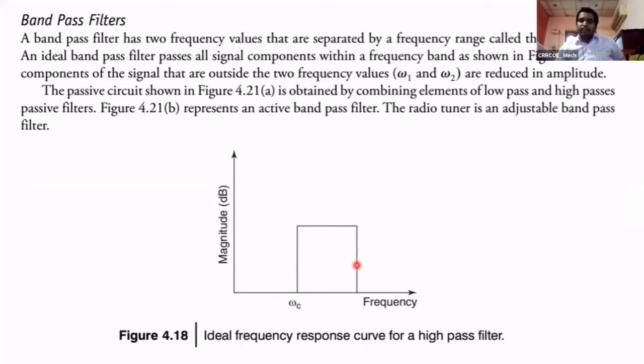The filter allows the frequency between omega 1 and omega 2 only, and rejects the frequencies below this band and above this band. Only the frequency between this range is allowed. Then the filter is called a band pass filter, meaning it allows frequency within a certain range.